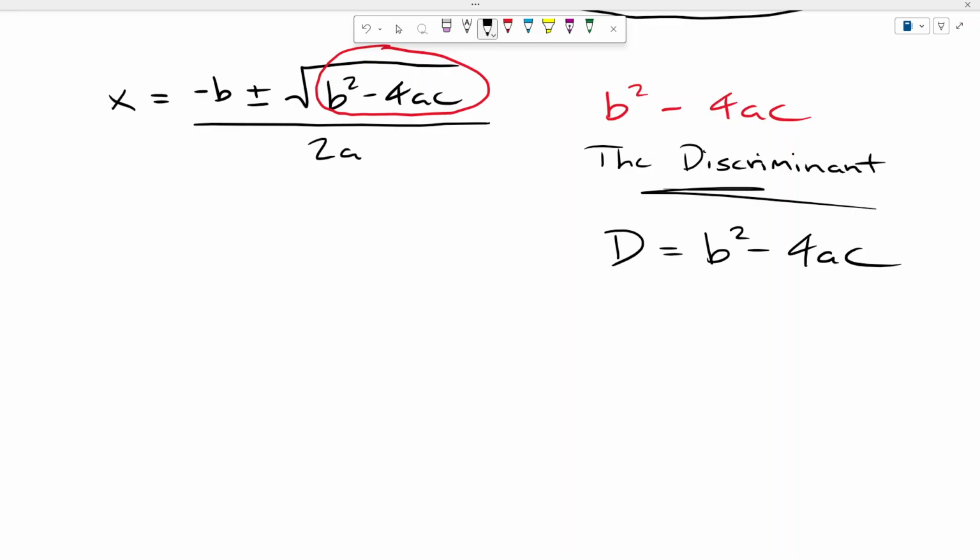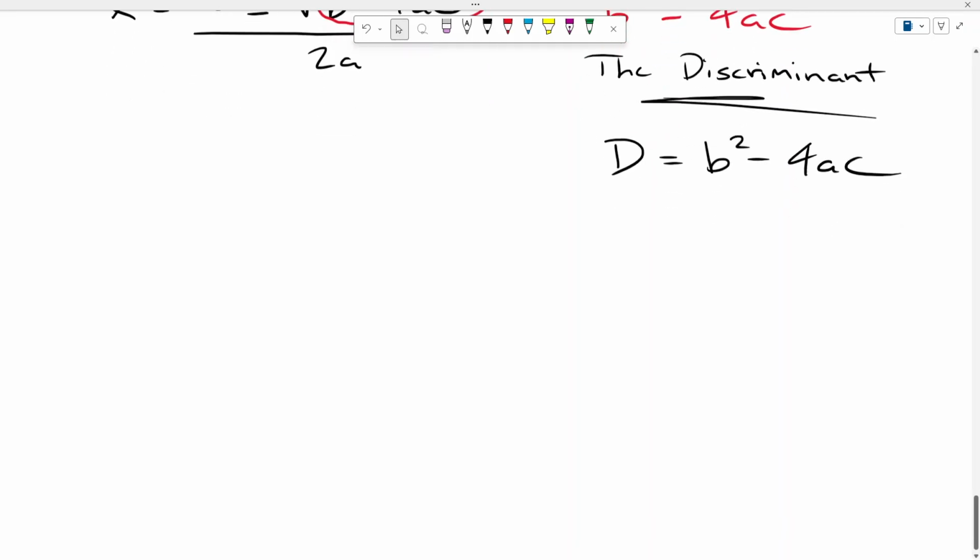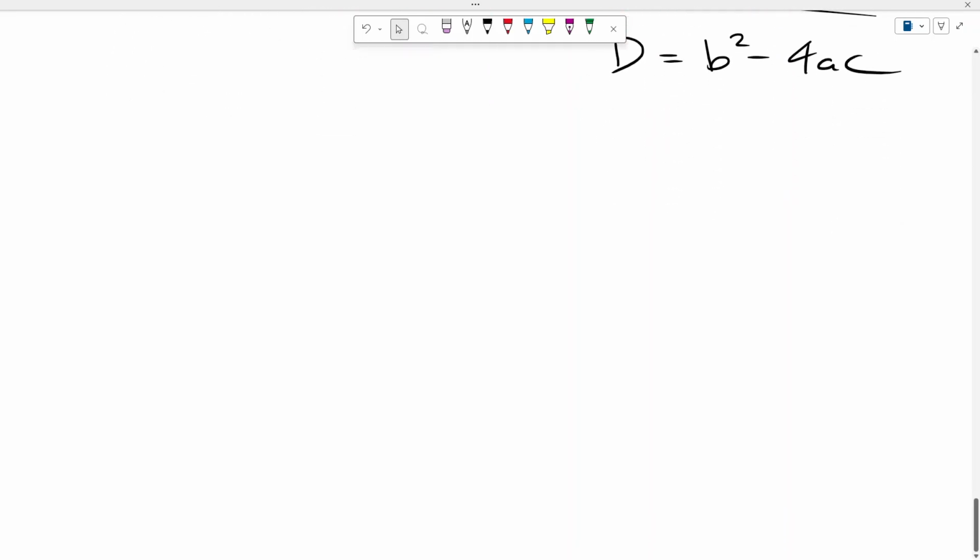So let's summarize this idea here. We have our discriminant, D equals b squared minus 4ac.